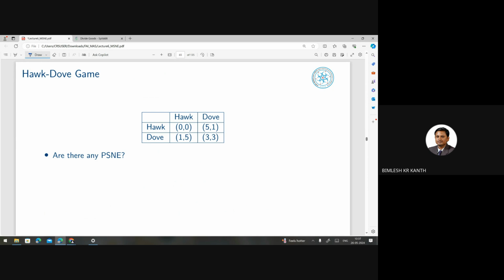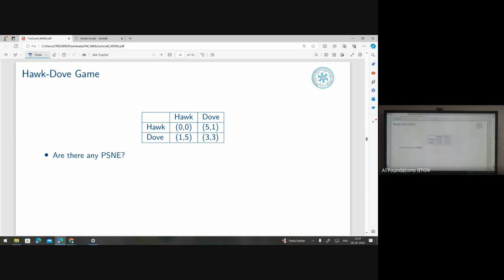Play dove. If population 2 plays dove, then what would population 1 do? Play hawk. So hawk and dove is a pure strategy. Similarly, I think dove and hawk will also be a pure strategy. Yes.